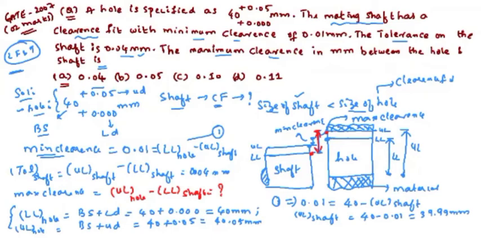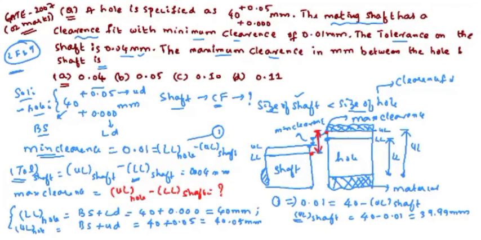Now you have the data of tolerance of the shaft and you have the upper limit of the shaft. You can find out the lower limit of the shaft. So tolerance of the shaft is given as 0.04 mm. We got the upper limit of the shaft as 39.99 mm.